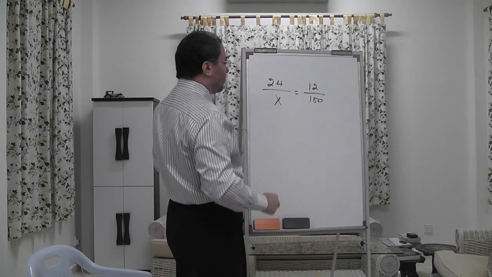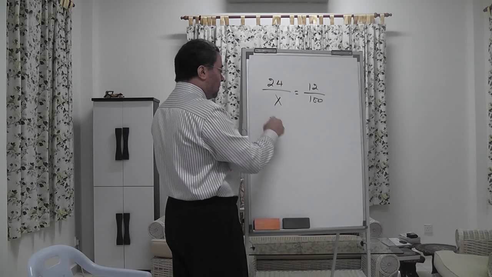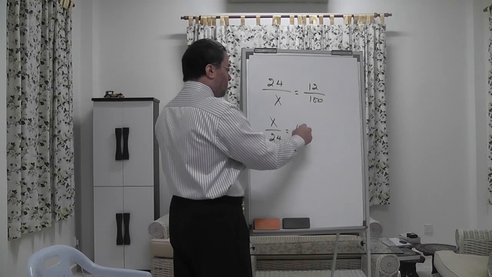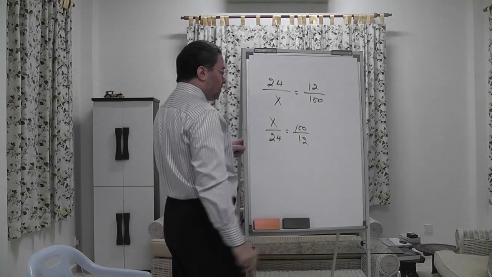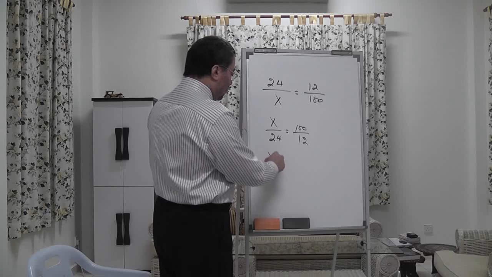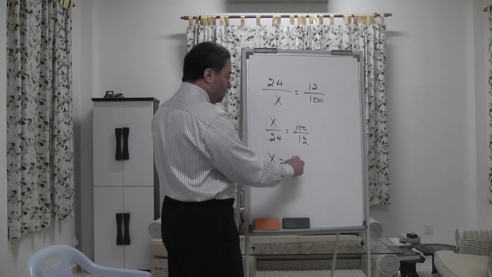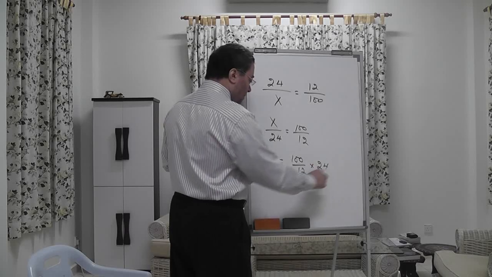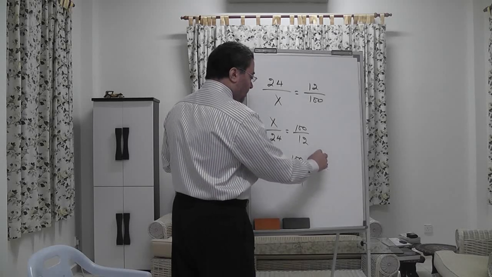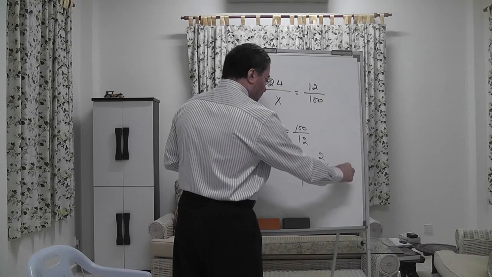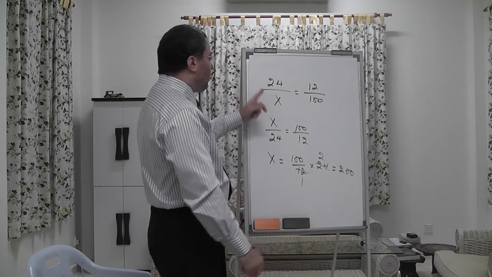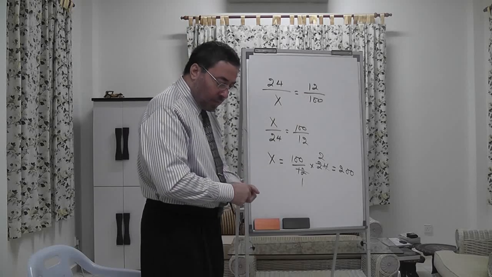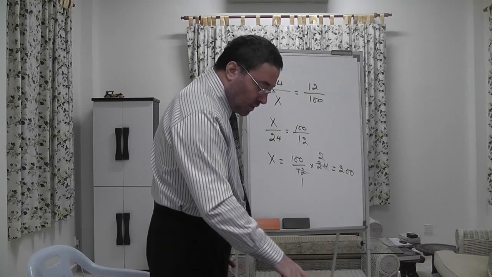The fastest way of doing this is to flip these ratios, and that will be x over 24 and we multiply both sides by 24. Here this cuts with the 12, and that's 200. So 24 over 200 is the same as 12 over 100, same as 12%.